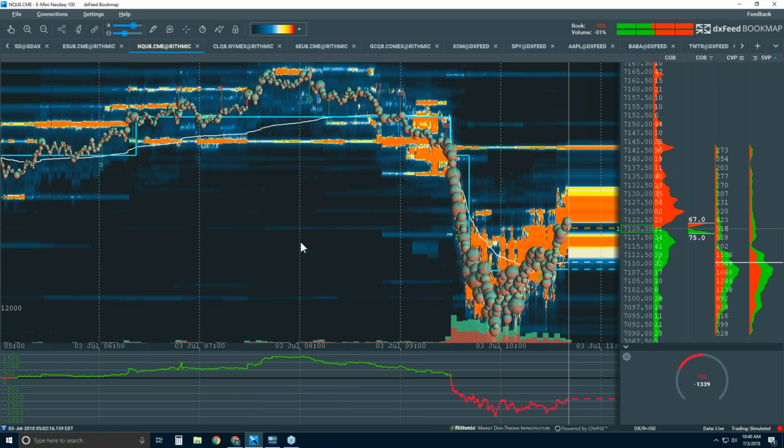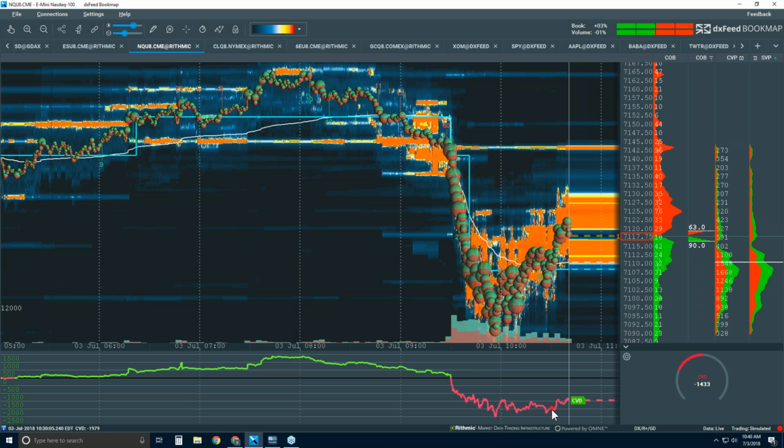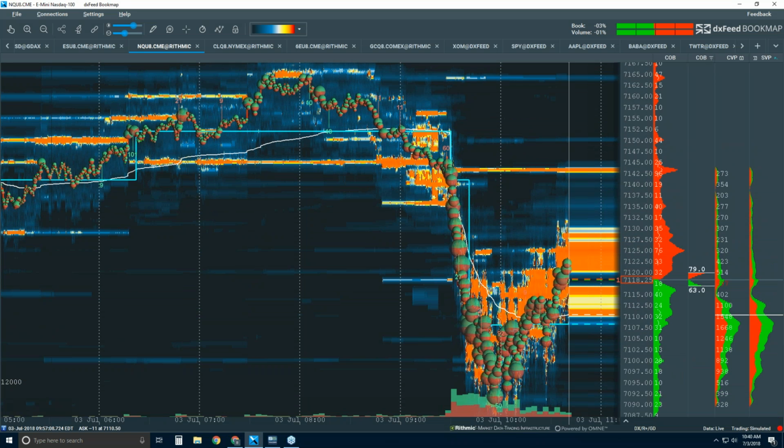Okay, so we're looking at a bunch of different things on this chart in Bookmap, and we have a lot of indicators open here, so I'm actually going to close those up. But I want to demo that we have a sub panel here, the cumulative volume delta. I'm going to close that up, and a lot of traders look at that. We have some other lines on the chart here. One is this historical VWAP, this white line.